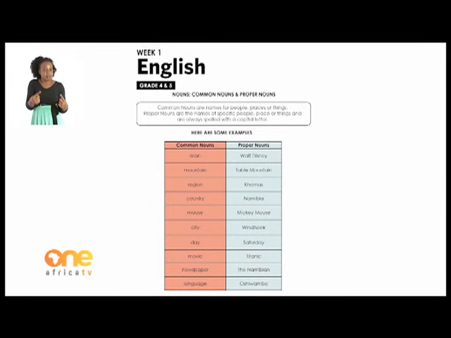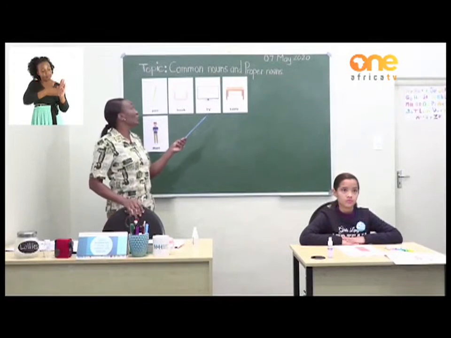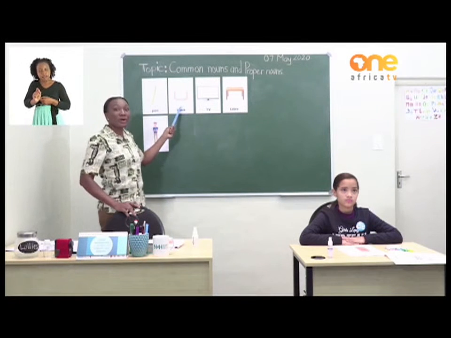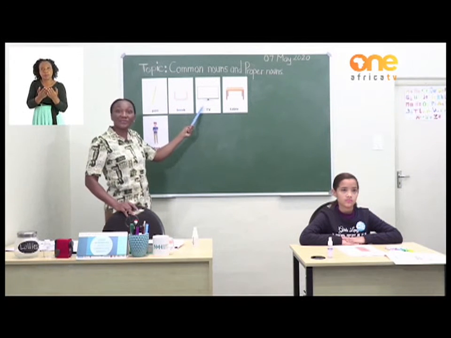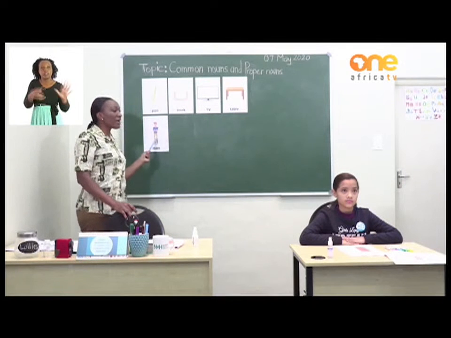Right, now I want you to look around wherever you are seated and please mention all the names of things that you can see. I'm sure you're going to mention what is on the board. Look on the board. You are going to mention a pen, a book, a TV, a table, and a man.